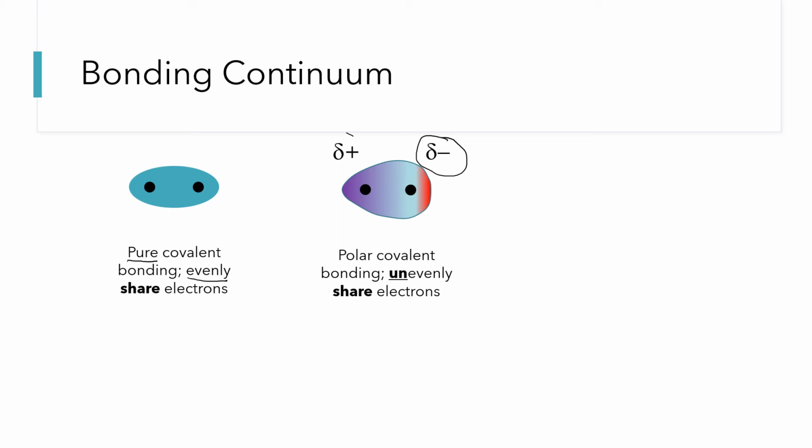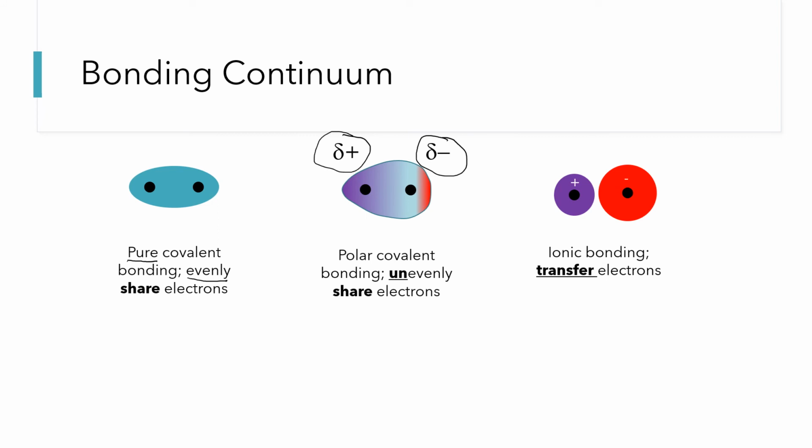Over on the other side, where the electrons are spending less time, we have a partial positive charge, simply because the electrons are slightly absent from that side. This charge is not a full charge unit. It's going to be a fraction of a charge unit, and normally we don't specify a number with it. It's just smaller than one complete charge unit.